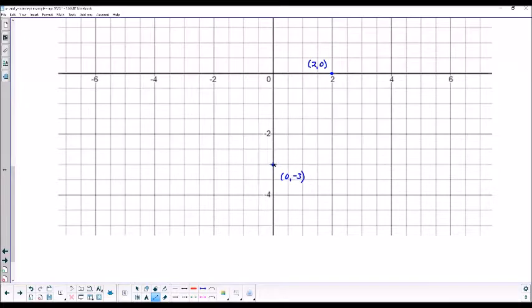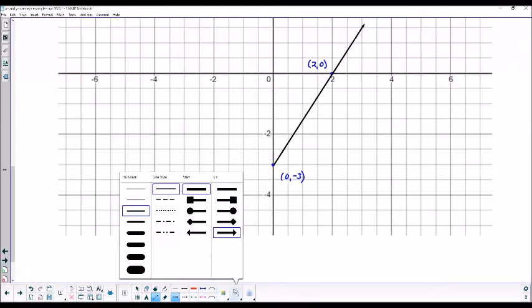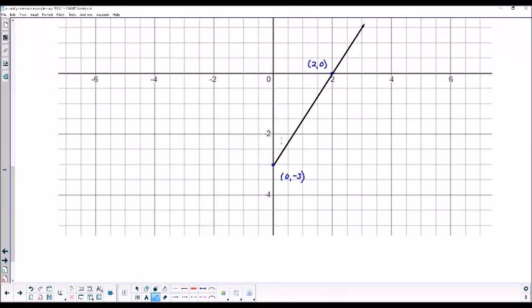Okay, so this is going to go up through here and extend the line, and then I'm going to draw it from here. Okay, so the line is going to look like that.